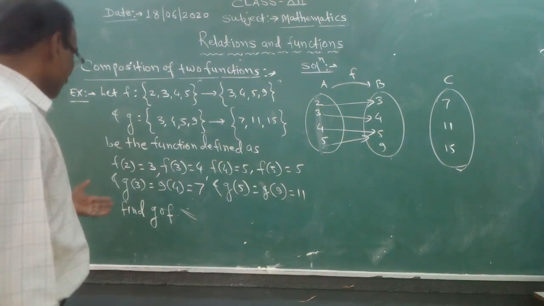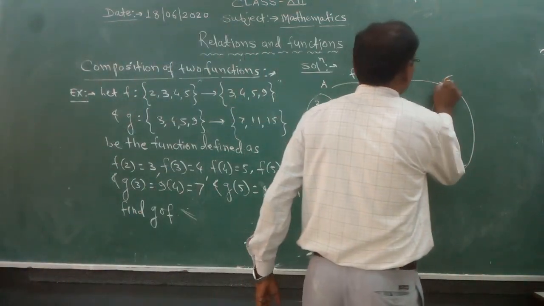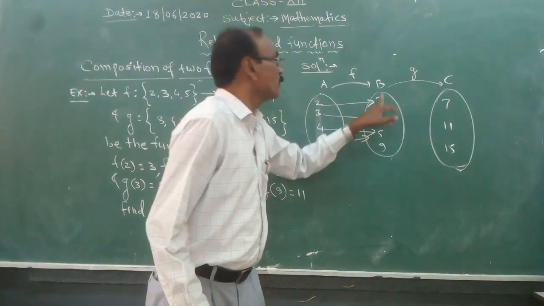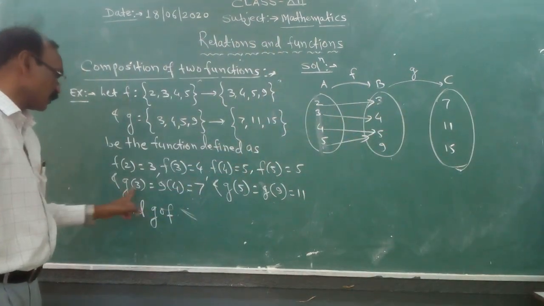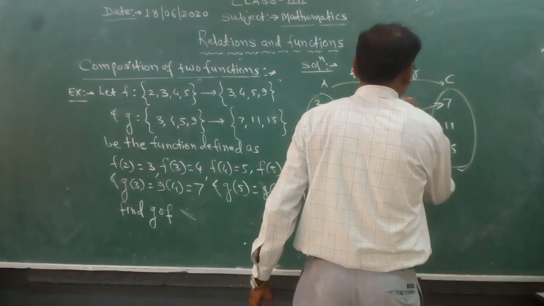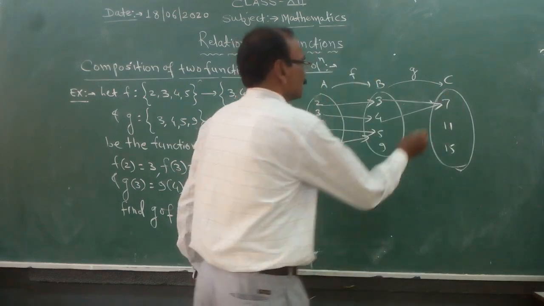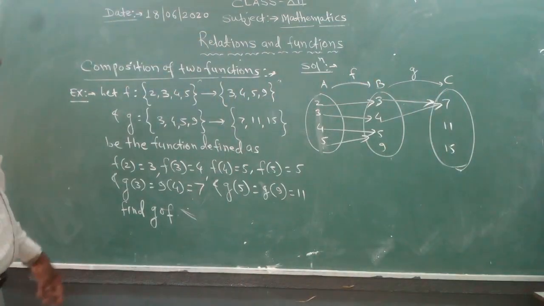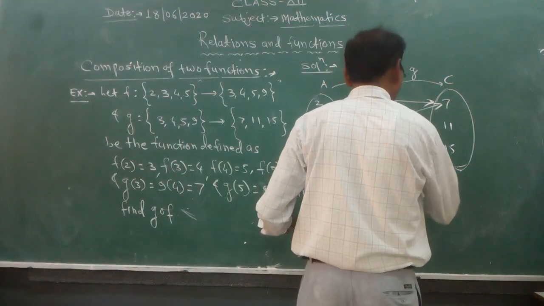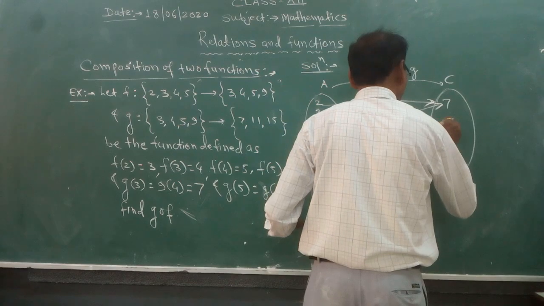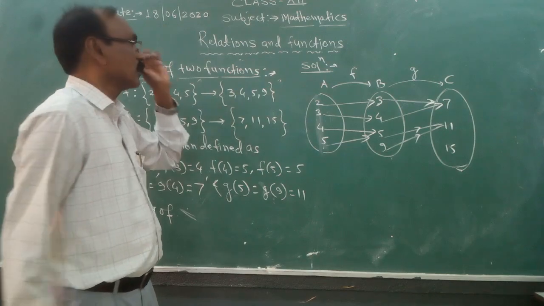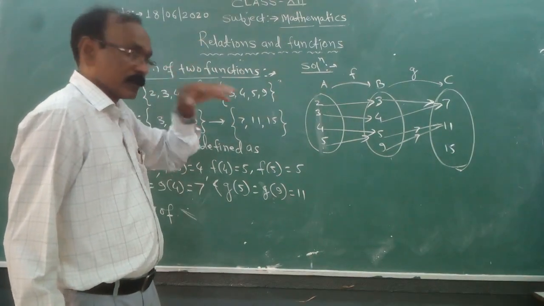Now next, under the function g, there is another function g from B to C. What is g of 3? G of 3 is 7. G of 4 is also 7. So 3 and 4, these two numbers are related with 7. G of 5 and g of 9 is 11. That is the function. How the numbers match depends on the relation.